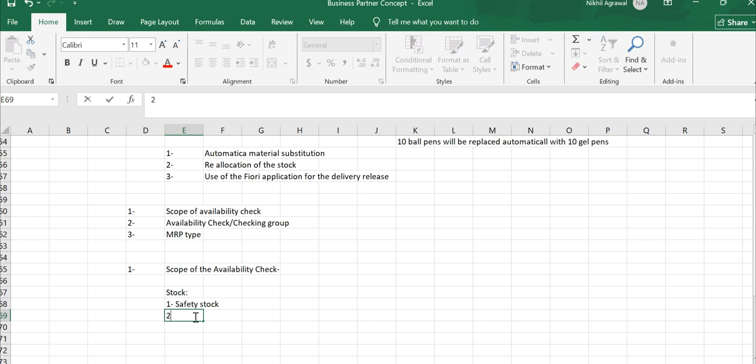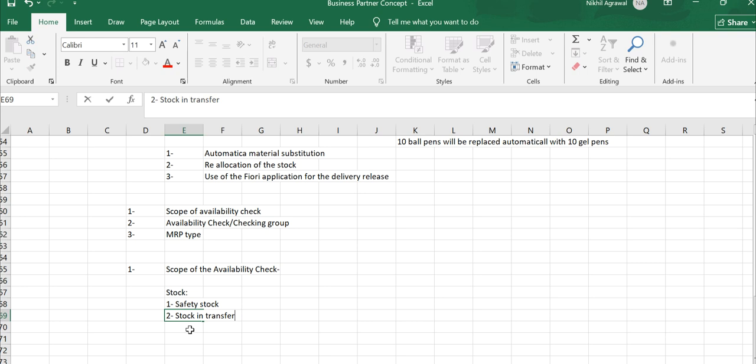Second is stock in transfer. Stock in transfer is the stock that is either coming in because of the stock transfer order or going out because of the stock transfer order.